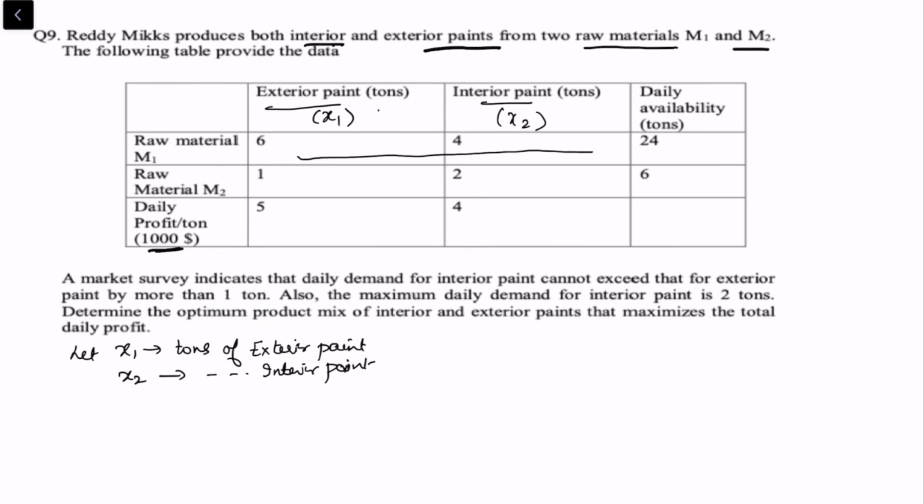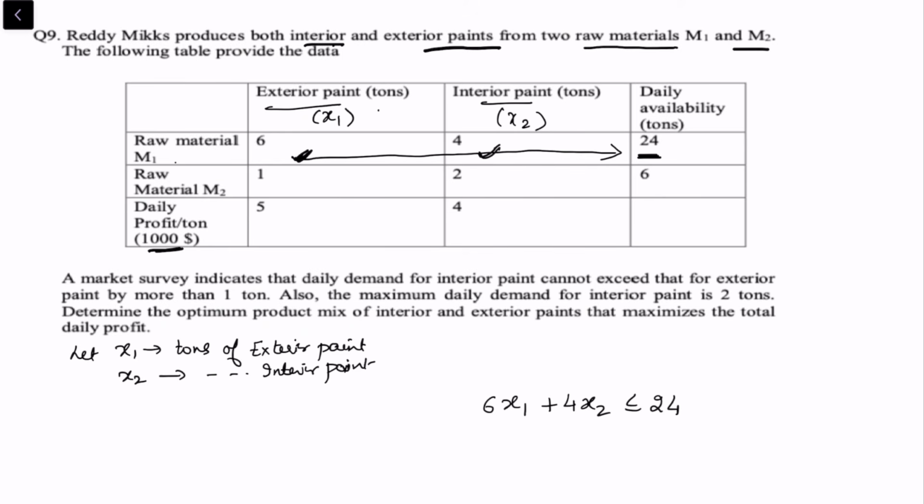Looking at raw material M1, which is consumed by the product x1, exterior paint, and by interior paint, the availability is 24. So that will construct my first constraint. We will say 6 times x1 plus 4 times x2 will not exceed 24. On the right-hand side we have the units of material available.